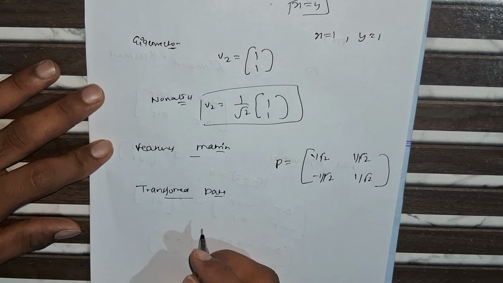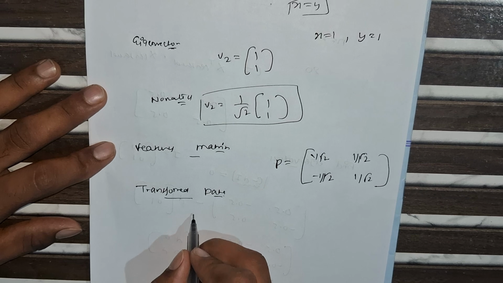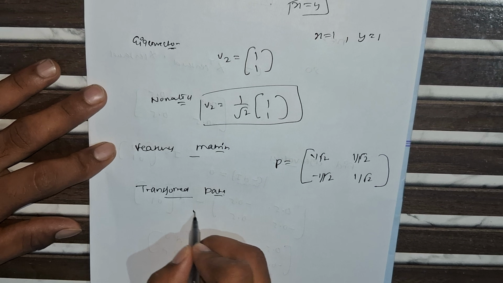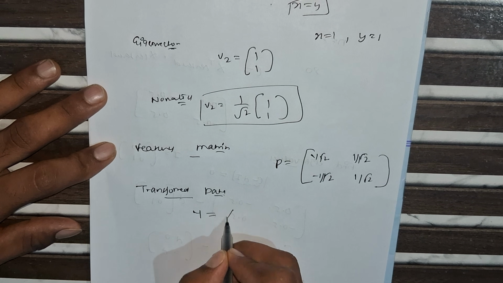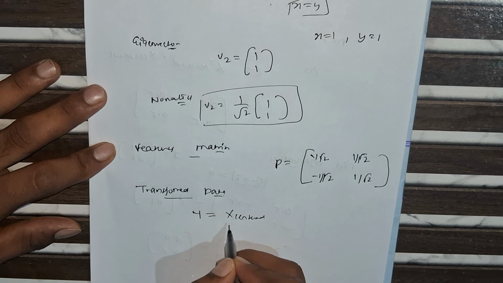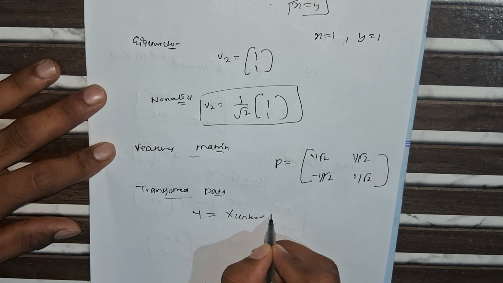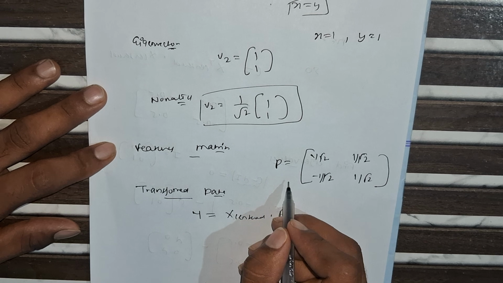So how can we find it? We can find it with the help of a formula, which can be represented as transformed data Y equals to X centered, because we already got this one, into P. P value is nothing but our feature matrix.